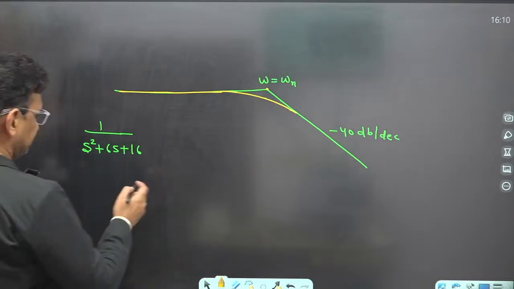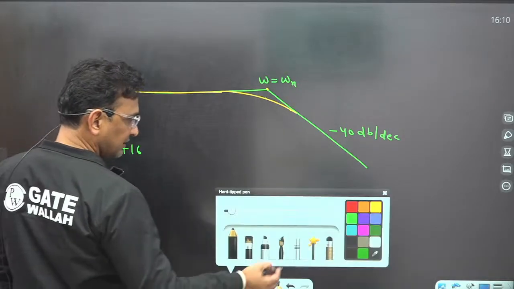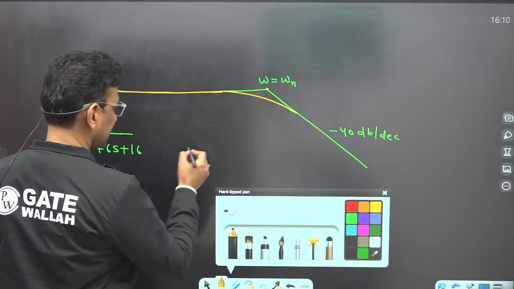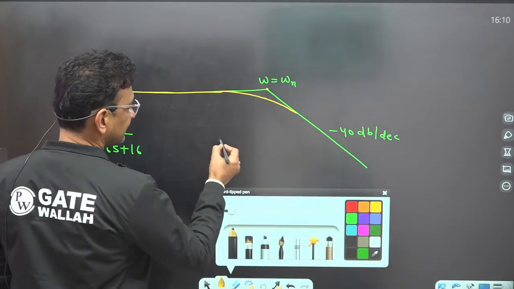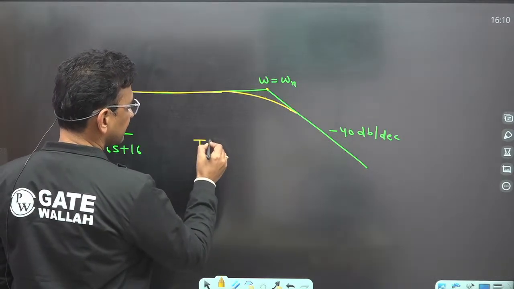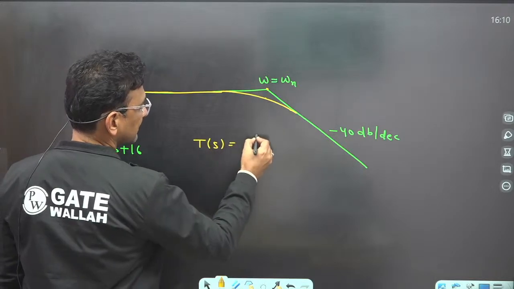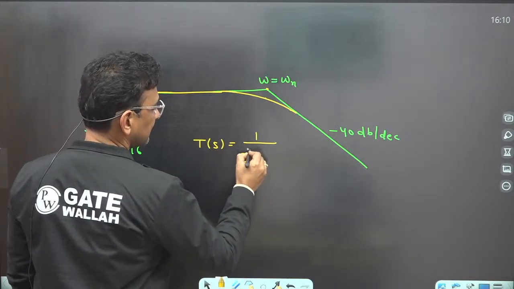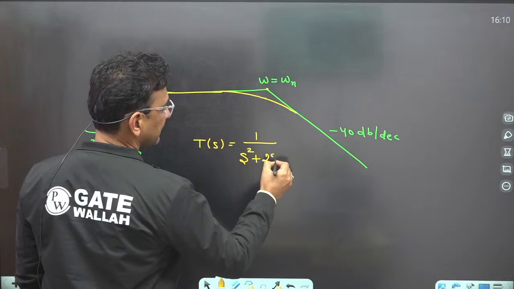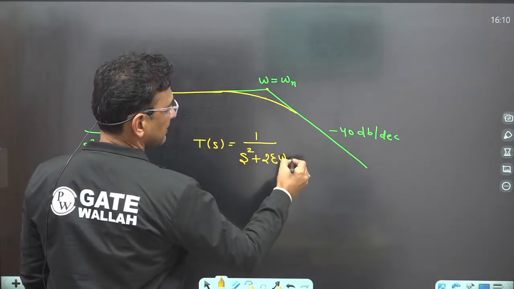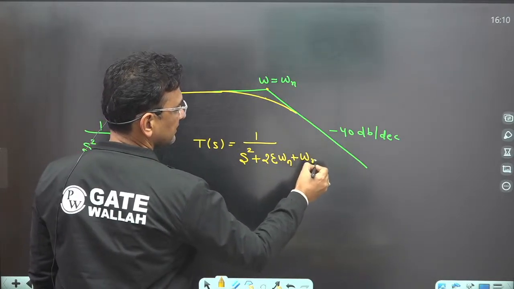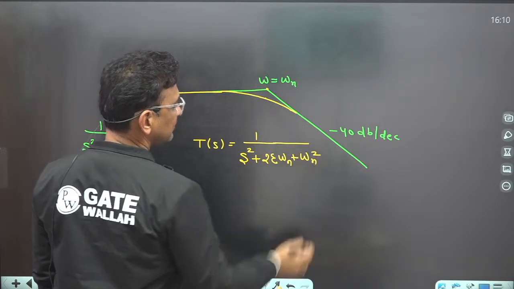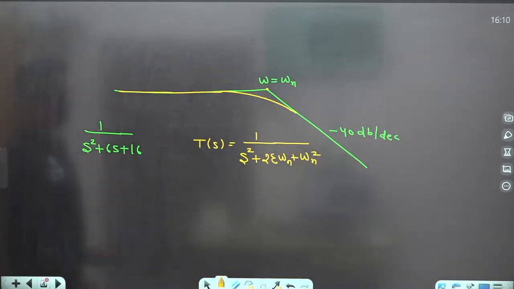I am taking a very general example of a transfer function. If I have a transfer function like this, 1 upon s square plus 2 zeta omega n s plus omega n square, this transfer function has two complex conjugate poles.